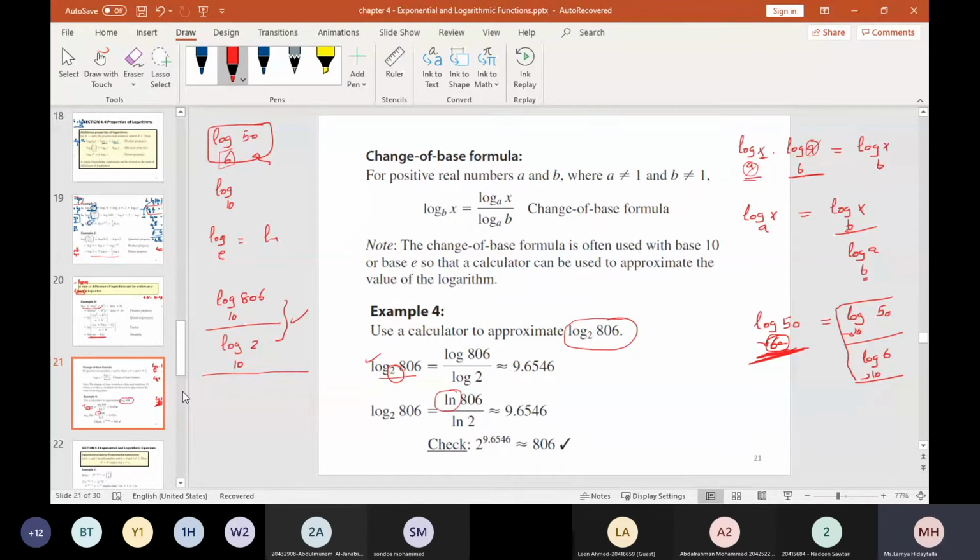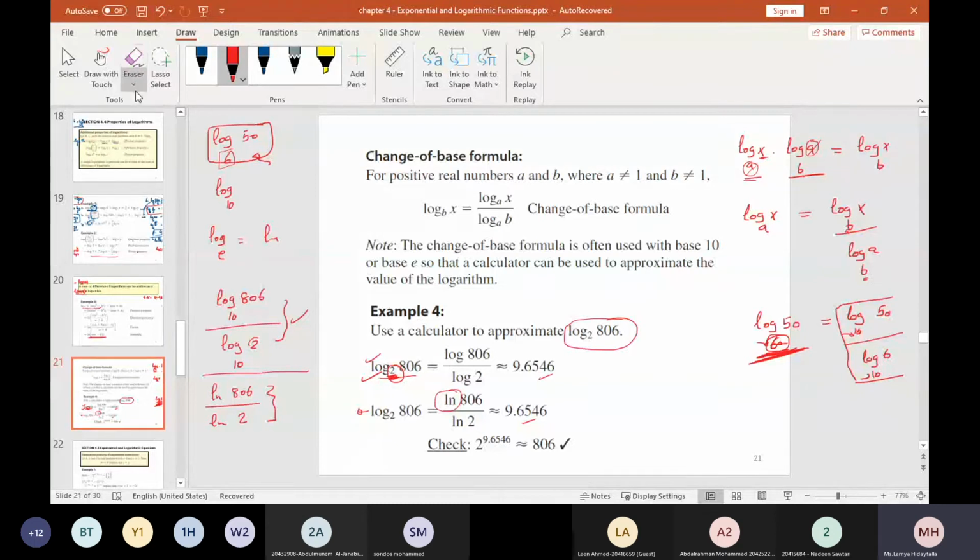Another way of evaluating this one is that we will find ln 806 over ln 2. And you will find that this one and the previous one are equal to this, which is equal to that. All three of them are the same quantity.